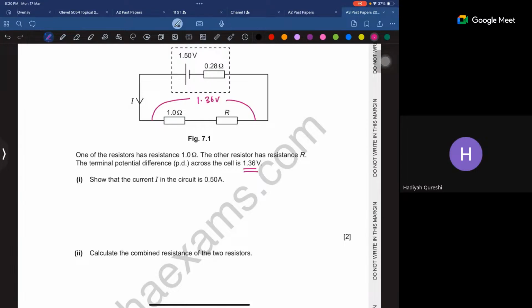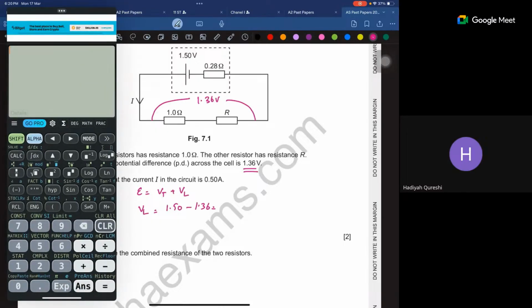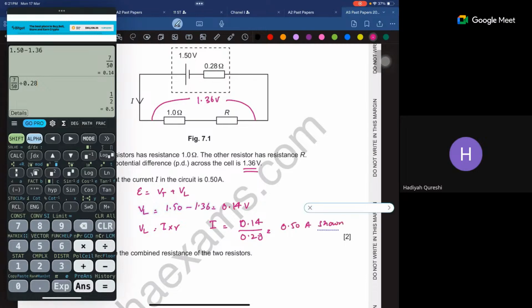I think we can find it, it's not a big deal, because the EMF is equal to terminal potential plus the voltage lost. Voltage lost will be equal to 1.50 minus 1.36, which is 0.14 volts, and voltage lost is basically I times small r, the internal resistance. So 0.14 divided by 0.28 is actually 0.50 ampere. That's how we're going to show it.